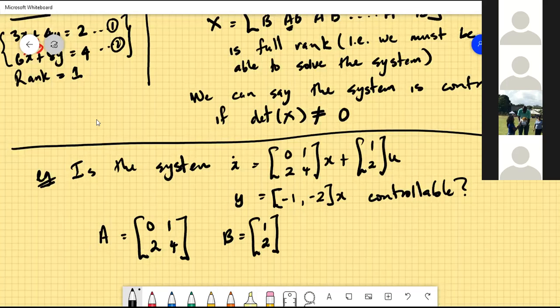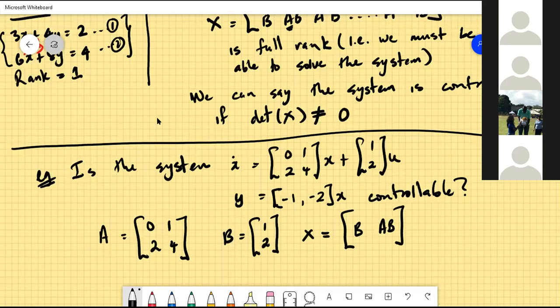So our matrix X is equal to B and then AB. It's a 2 by 2 matrix, so we're stopping at the second iteration. If it's a 3 by 3 matrix, then we'll stop at the third iteration. That would be B, AB, A squared B, and so forth. So we can determine when to stop by the size of the system.